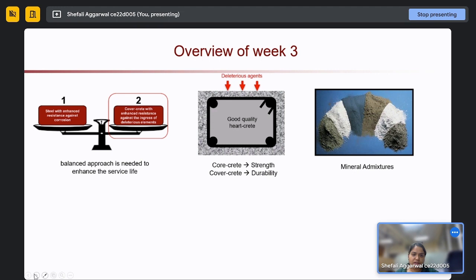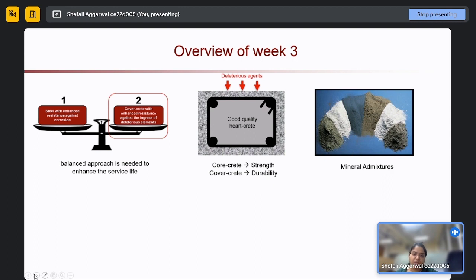Next thing you might have read this week was about the different types of admixtures, chemical admixtures and mineral admixtures. About chemical admixtures, we have already studied corrosion inhibiting admixtures. All other types of chemical admixtures are anti-freezing agents, air entraining agents, or anti-sulfating agents.